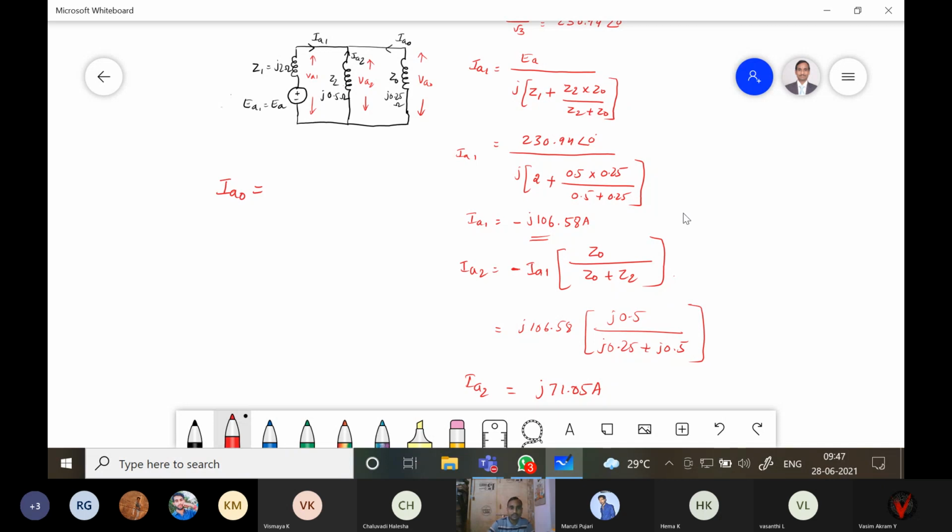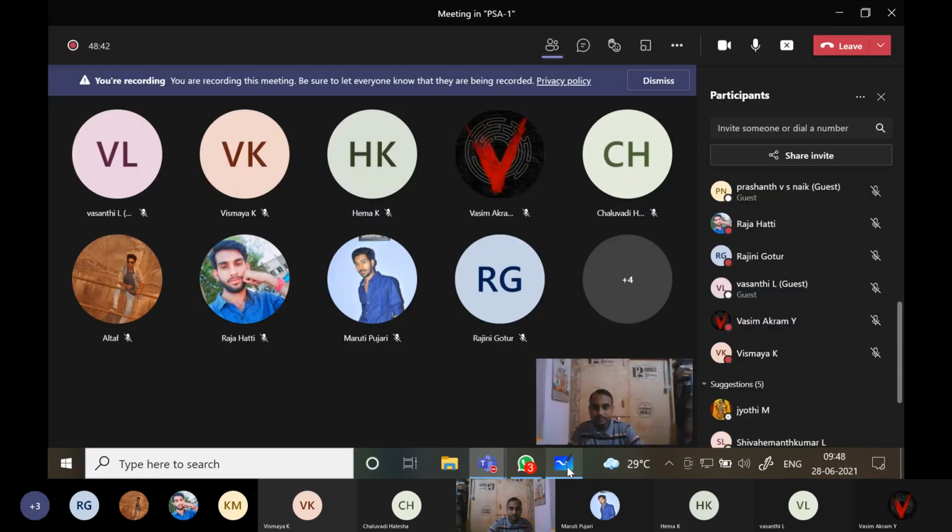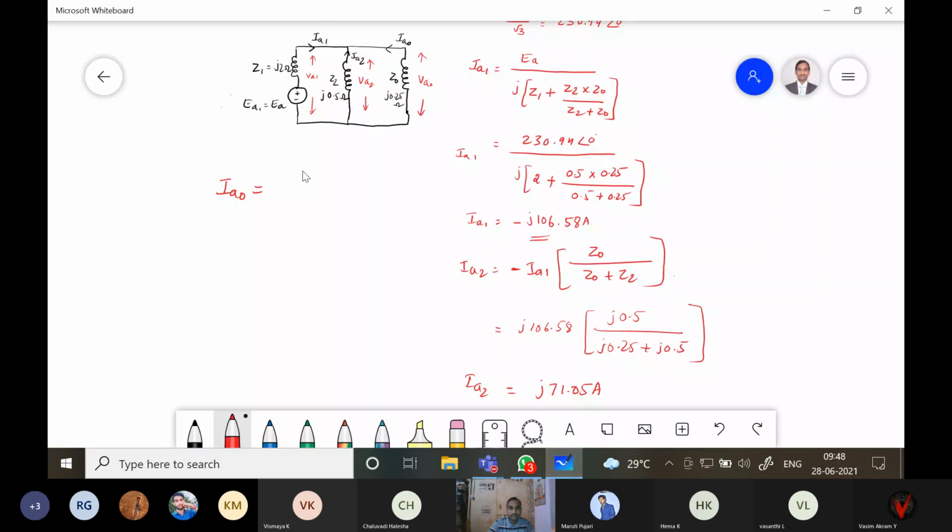Can anybody give the equation for IA0? Rajini, what is IA0? Yes, sir.